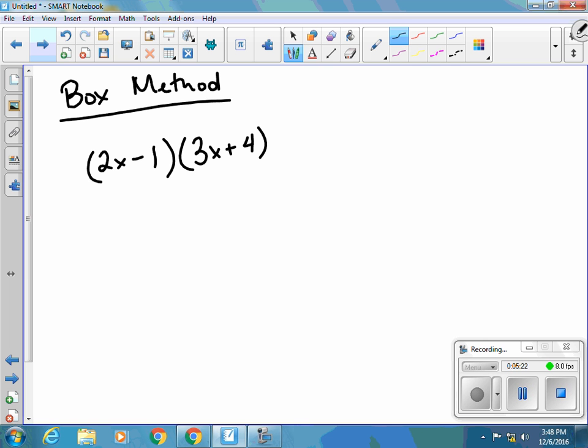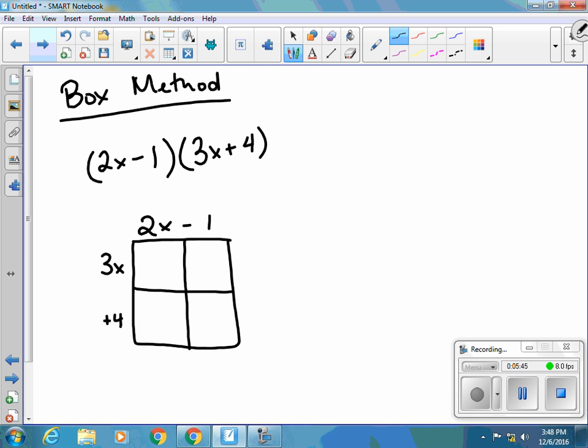Normally I would do the distribution, but some people like the box. You're going to go 2x minus 1, and it's really kind of like a table. We split that in half because we've got the 2x as one term and the negative 1 as another term. Then we take that 3x plus 4 and put that down the side, and we split that in half because it's separated out by terms.